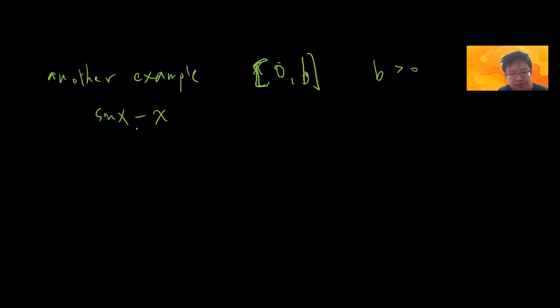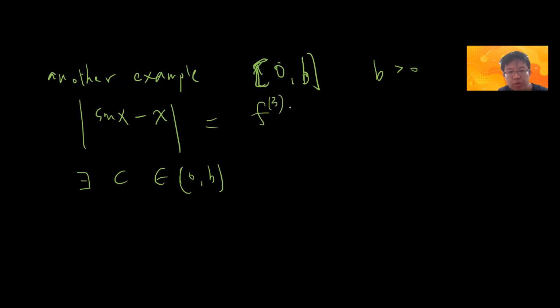You know that this term is bounded by the cube term. There exists a c in (0, b) such that this term equals the third derivative of f at c times x minus 0 cubed, divided by 3 factorial, bounded by the cube divided by 3 factorial.